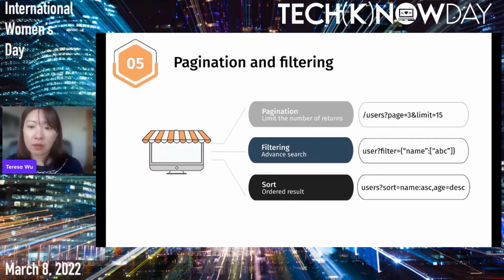Or you can do some advanced search with filtering as well, sorting the data before returning it to the client side. You might wonder, why can't we use the client side to sort it? Well, we can, but there are multiple types of client apps, right? There are iOS, web, Android, desktop, maybe tablet, mobile.